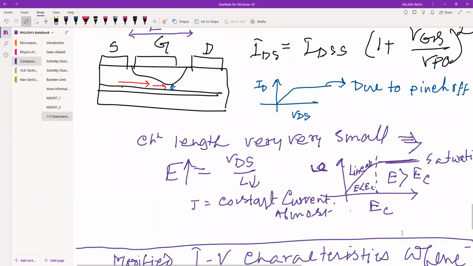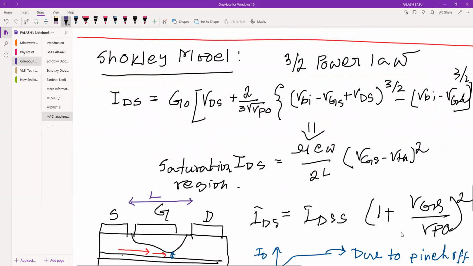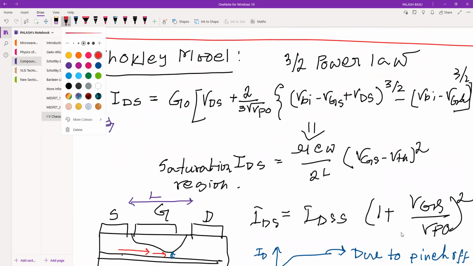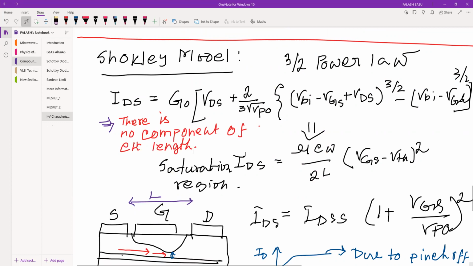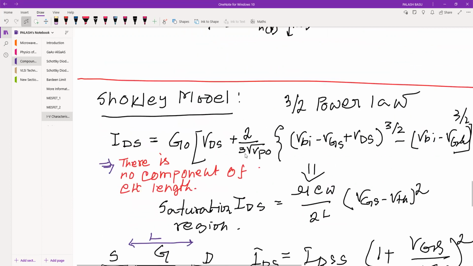Previously, you see this IV characteristic, there is no component of channel length. That you understand. So this equation is valid.